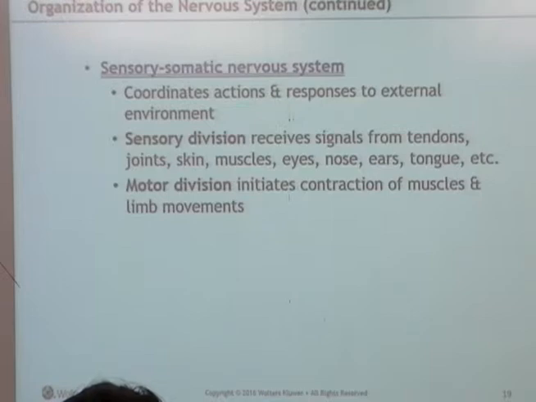Golgi tendon organs, muscle spindles, and my motor division is going to carry the signal back to the muscle to contract in response to that sensory information. So autonomic does heart, breathing, digestion, and sensory somatic does responding.